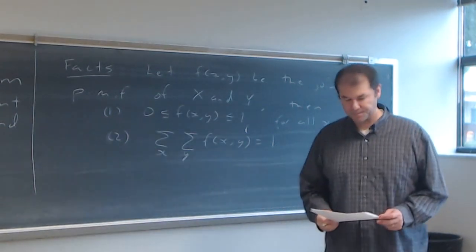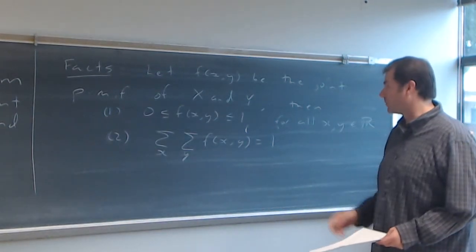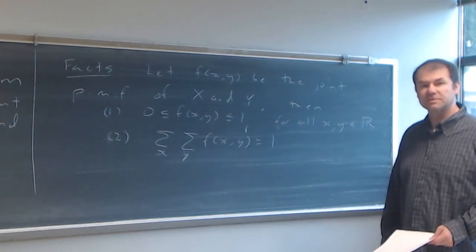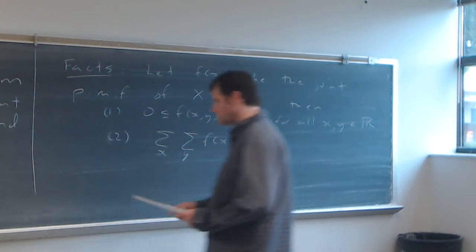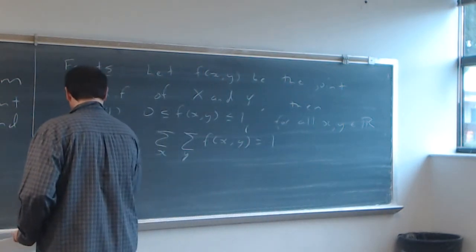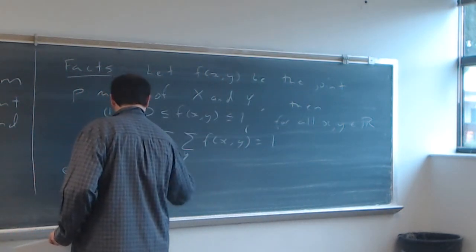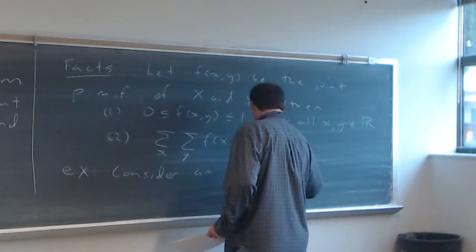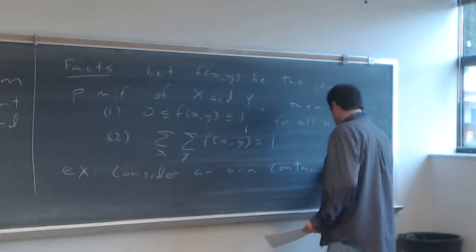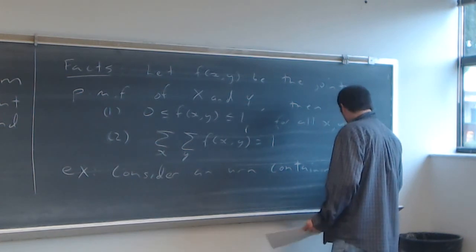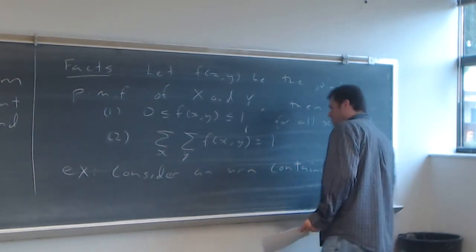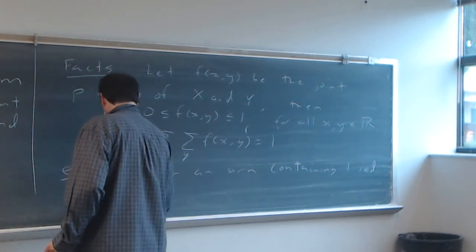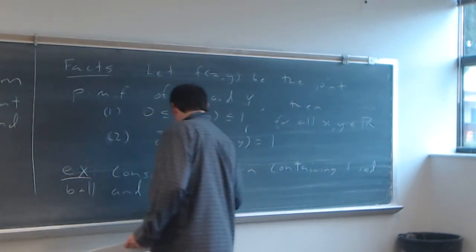All right, let's look at an example where a joint probability mass function is involved. So consider an urn containing 1 red ball and 2 white balls.